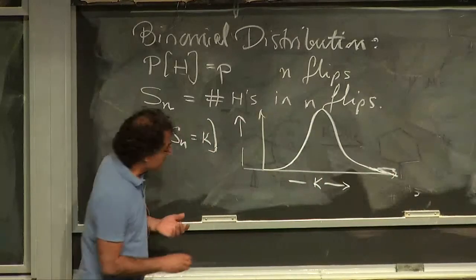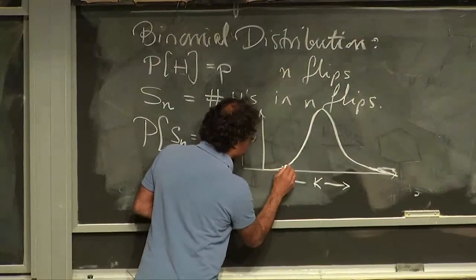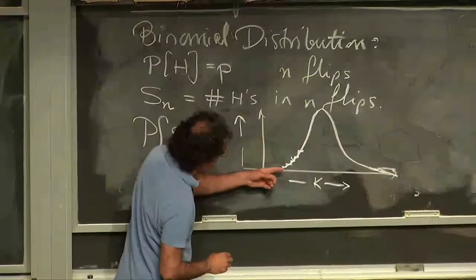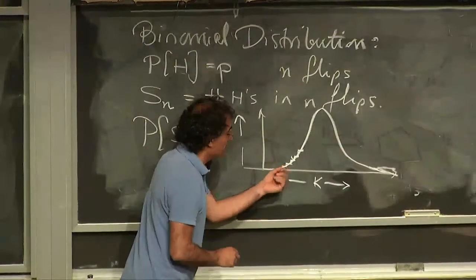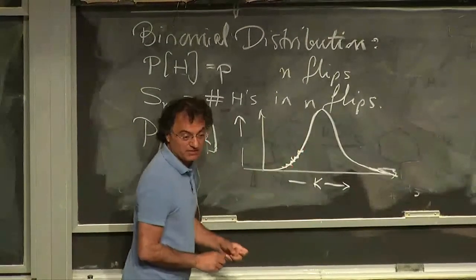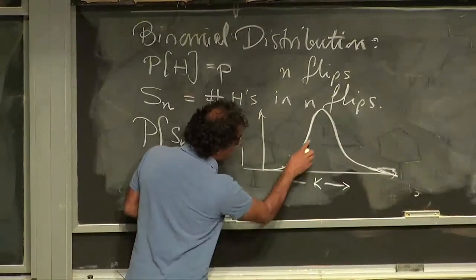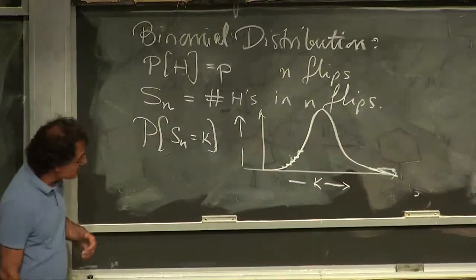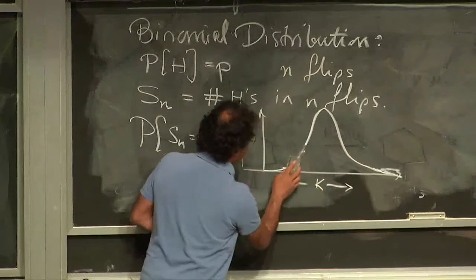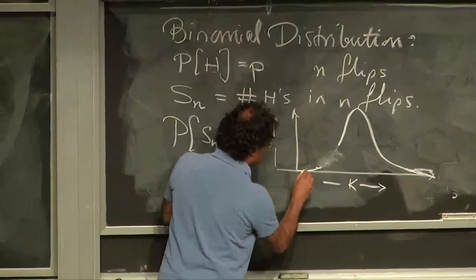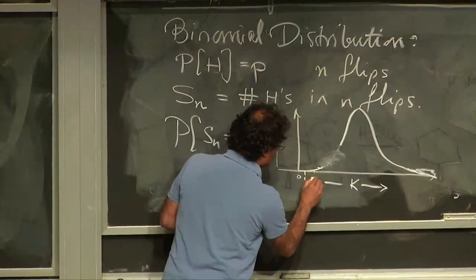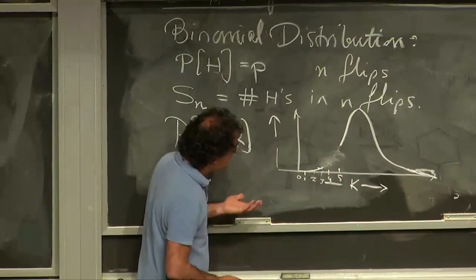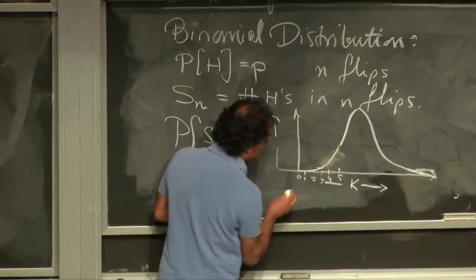Well, actually, it doesn't look like that. It actually looks like that, right? Because it's integer, at every integer point it goes up a little bit or down a little bit. But of course, what I'm doing is approximating it by this curve. Is everyone clear about this? So let's say this was 0, 1, 2, 3, 4, 5, etc. Then it doesn't really look like a curve like this.